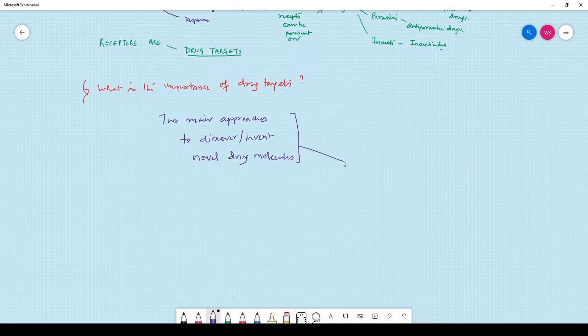Two major approaches have been the traditional, also called classical, also called irrational drug discovery, forward pharmacological approach.